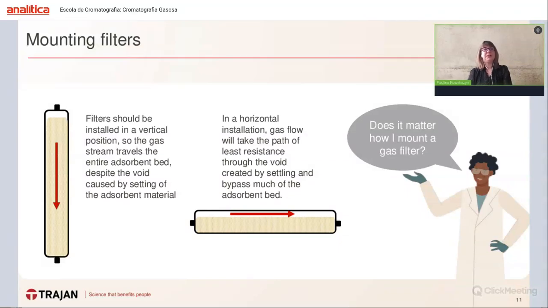When we do have the filter installed in horizontal position, sometimes a void volume can be created at the top of the adsorbent bed, and this way our gas is bypassing the adsorbent bed, so that means it's not filtered. So for the best results, for the best use of the gas filters, we will always recommend installing them in vertical position.